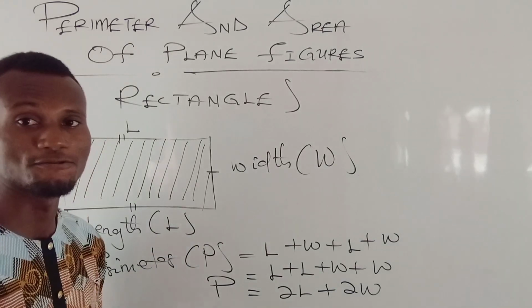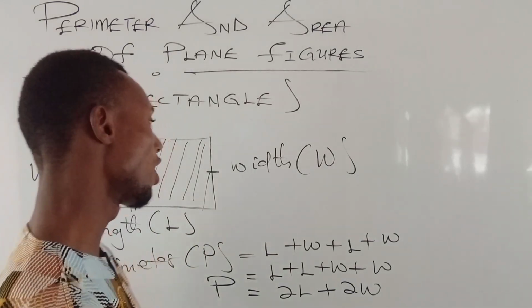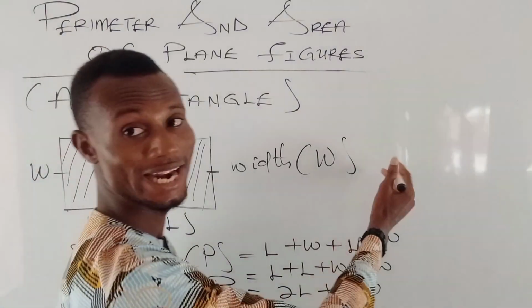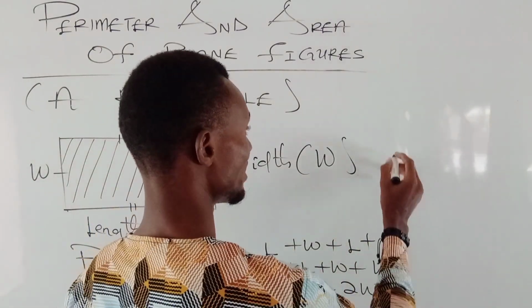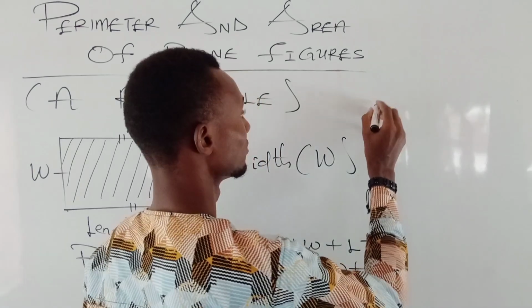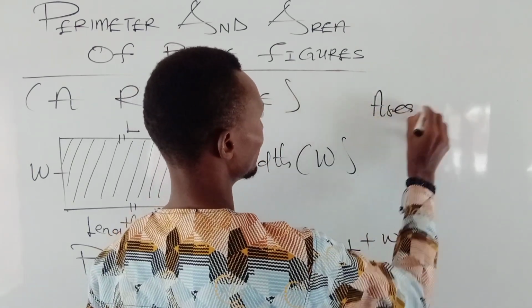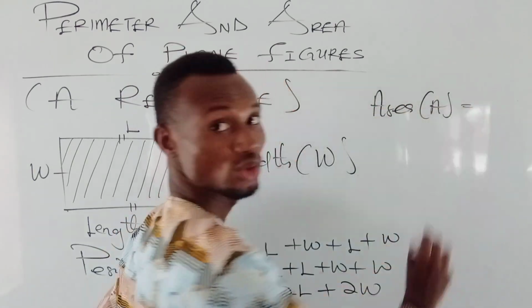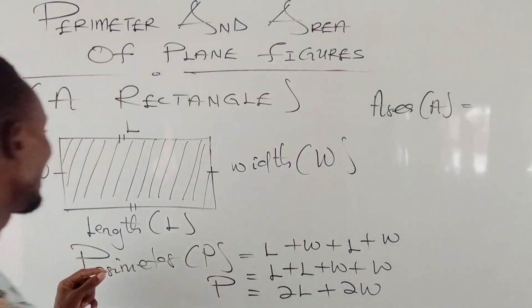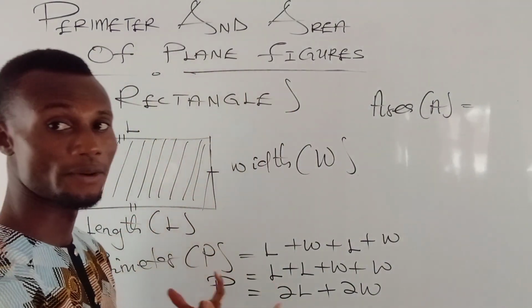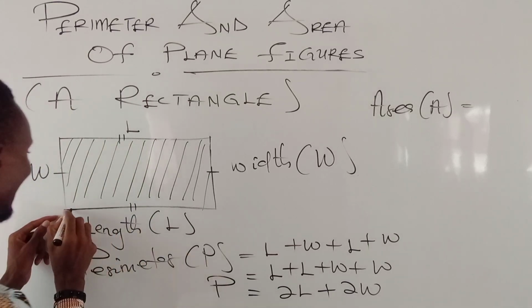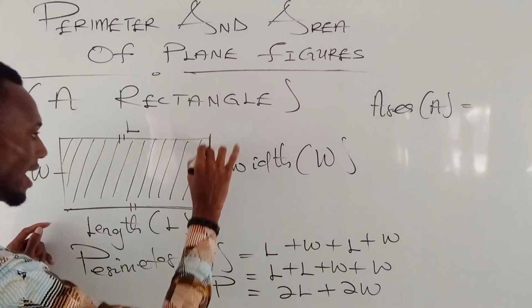Now for us to find the area of the rectangle, let me continue from here. I hope you can see from here. Area, in brackets A, equals, now the formula for finding the area of a rectangle is simply the length times the width.